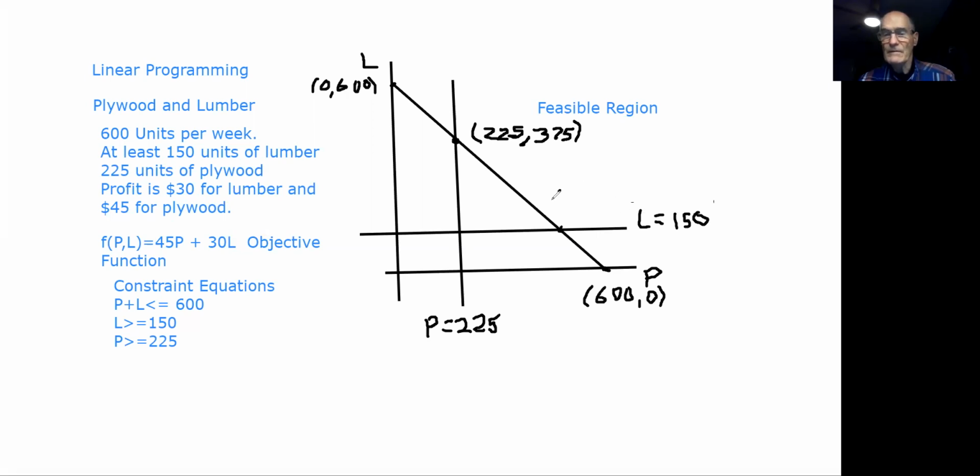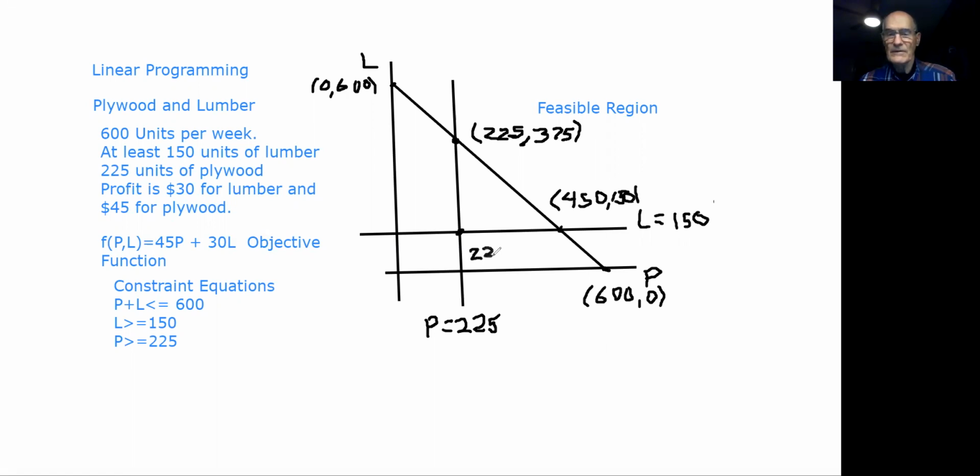Now, this coordinate down here is 150 and 450, because once again, it's got to add to 600. So this is 450 and 150. And then the final point over here is this coordinate right here, which is, of course, 225 and 150.